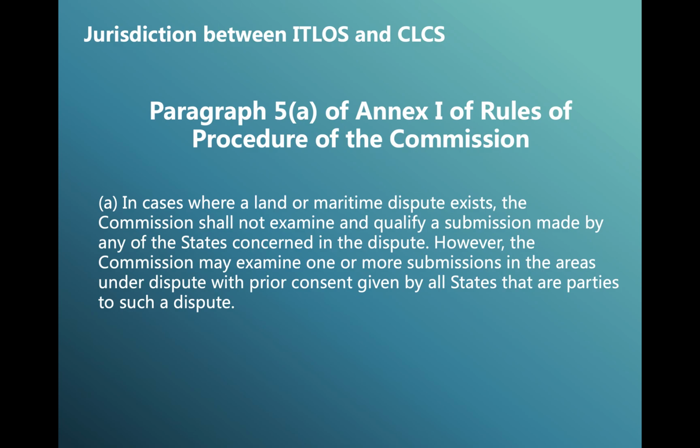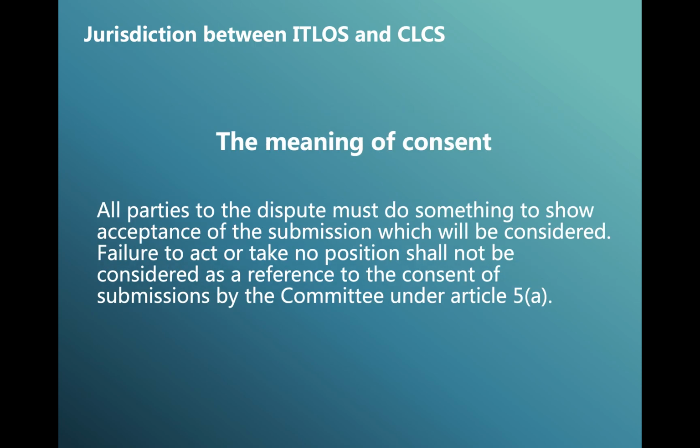So, how could states give their consent, or how could we assume that states have provided their consent? According to Article 5(a) of Annex 1, the consent must be expressed by all the parties to the dispute. All parties to the dispute must do something to show their acceptance of the submission which will be considered.